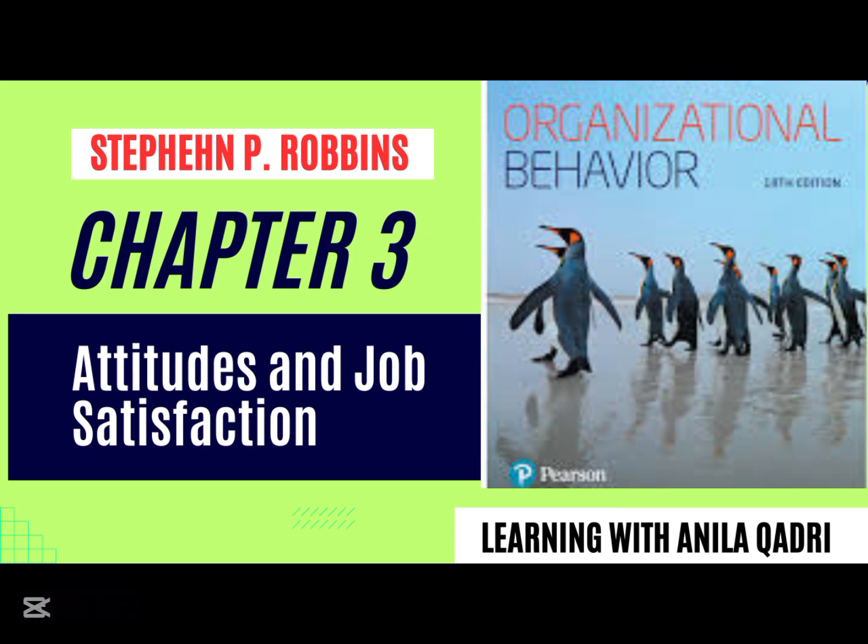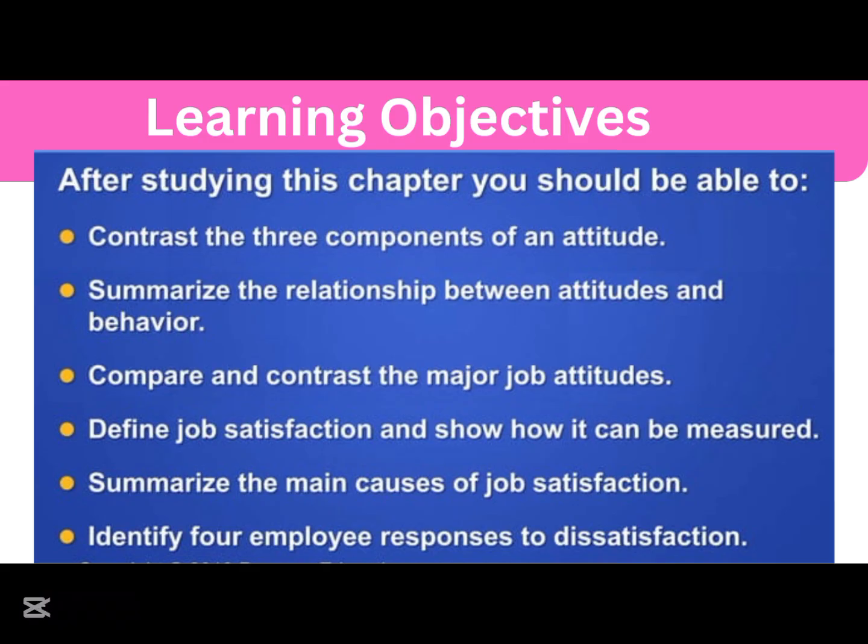Topics which we are going to cover in this chapter: contrast the three components of an attitude, summarize the relationship between attitudes and behavior, compare and contrast the major job attitudes, define job satisfaction and show how it can be measured, summarize the main causes of job satisfaction. And the last question of the chapter will be: identify 4 employee responses to dissatisfaction.